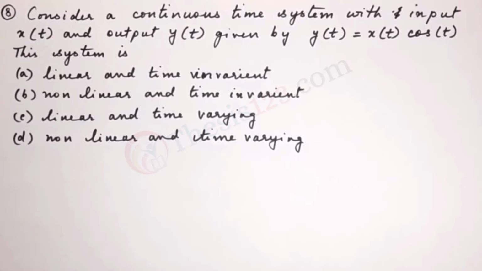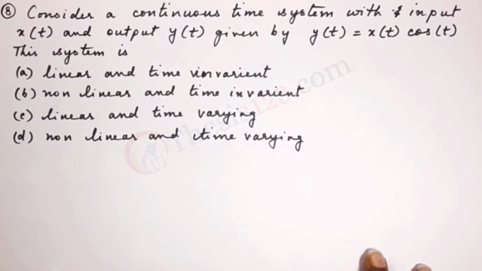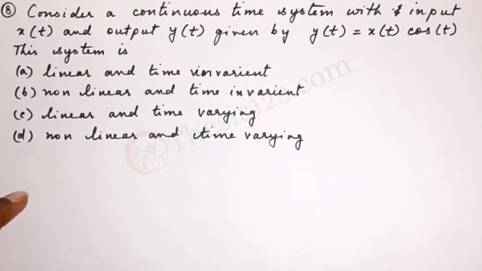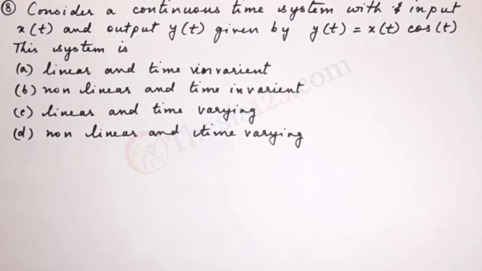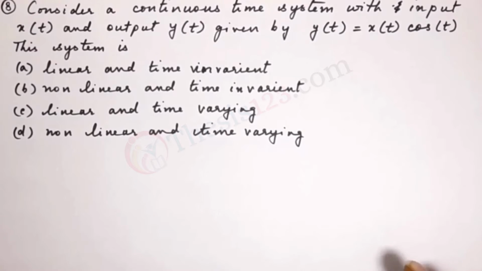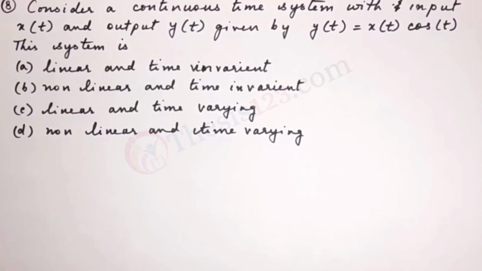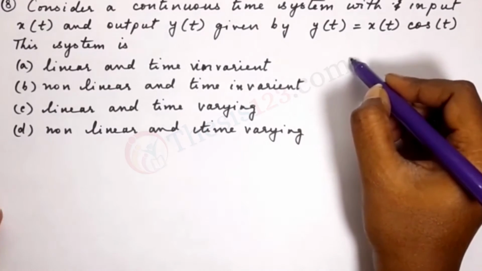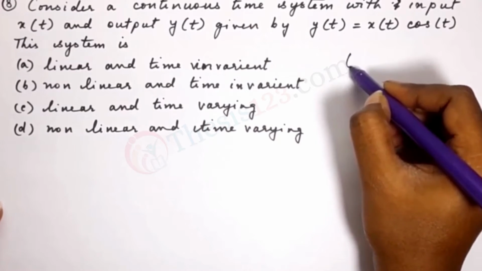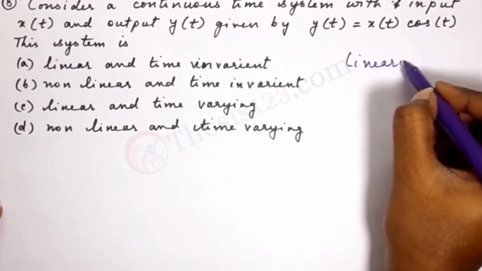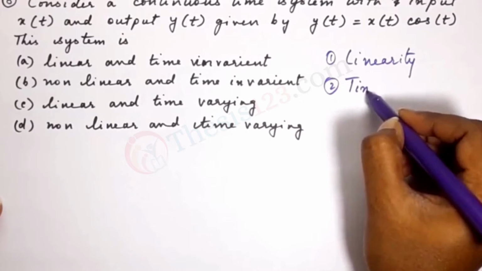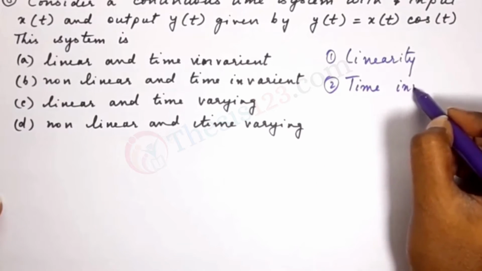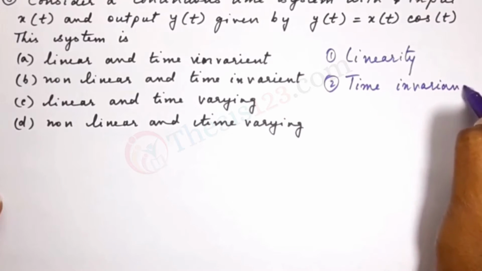So basically we have two aspects to work here. We have to check the linearity of the system given, and we have to check the time invariance of the system given. Those are the two factors. The first is linearity, and the second is time invariance.